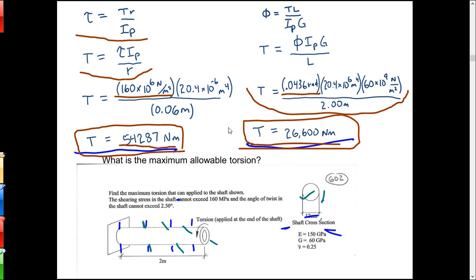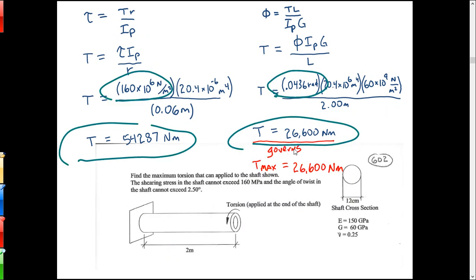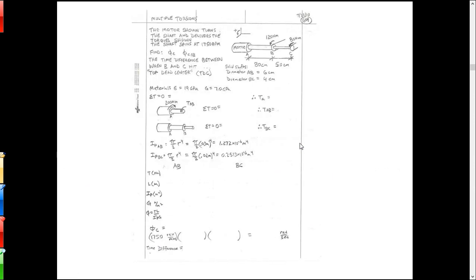So the maximum allowable torsion is the lesser of the two, because if we exceed 26,600 newton meters, we'll have too much twist in the shaft. Okay, so there's a little bit of an introduction to torsion.